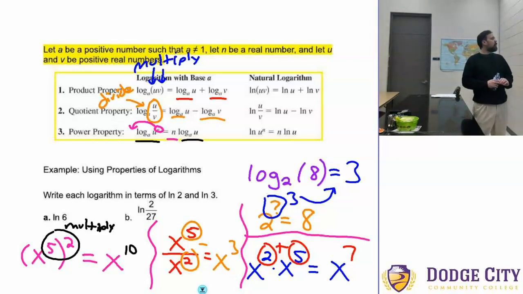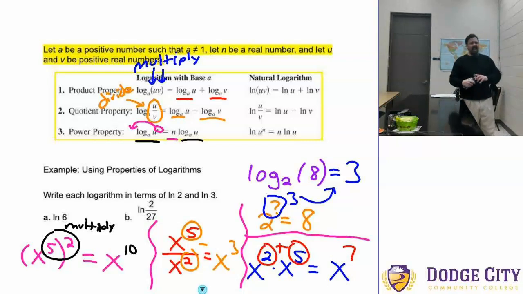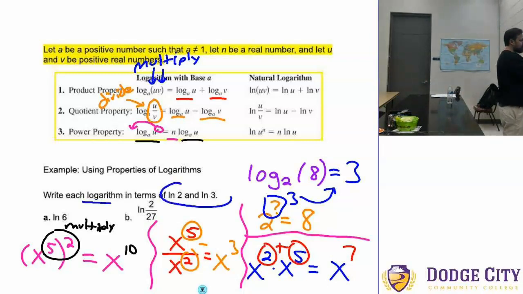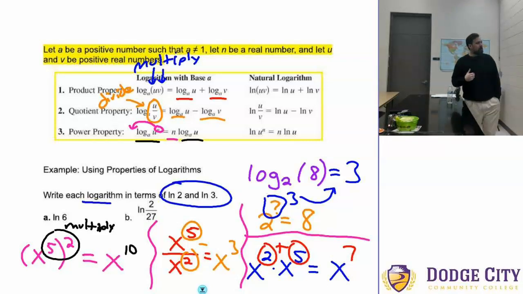So, all right, I didn't leave myself any room to do these examples. And these directions are kind of weird. It's more like a puzzle trying to figure out how to do this. We want to rewrite each of these logarithms in terms of natural log of 2 and natural log of 3. So we want to get only 2's and 3's.